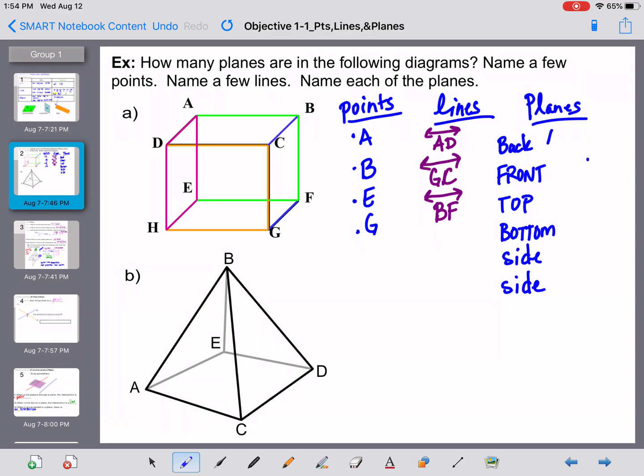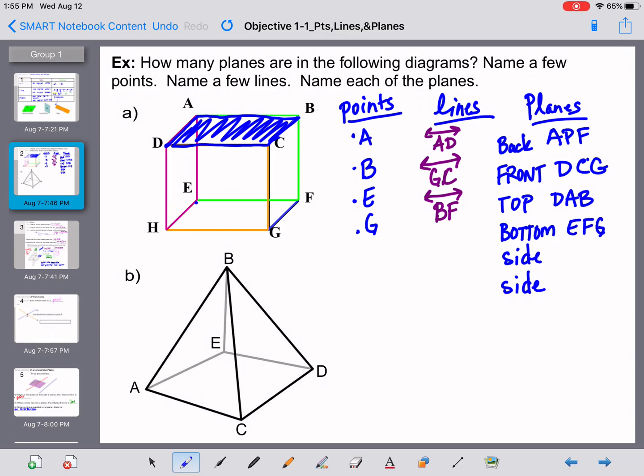So I'm going to say A, B, F for the back. For the front, I'm going to say D, C, G. For the top, D, A, B, because D to A to B, that would complete this whole top plane. The bottom, E, F, G.